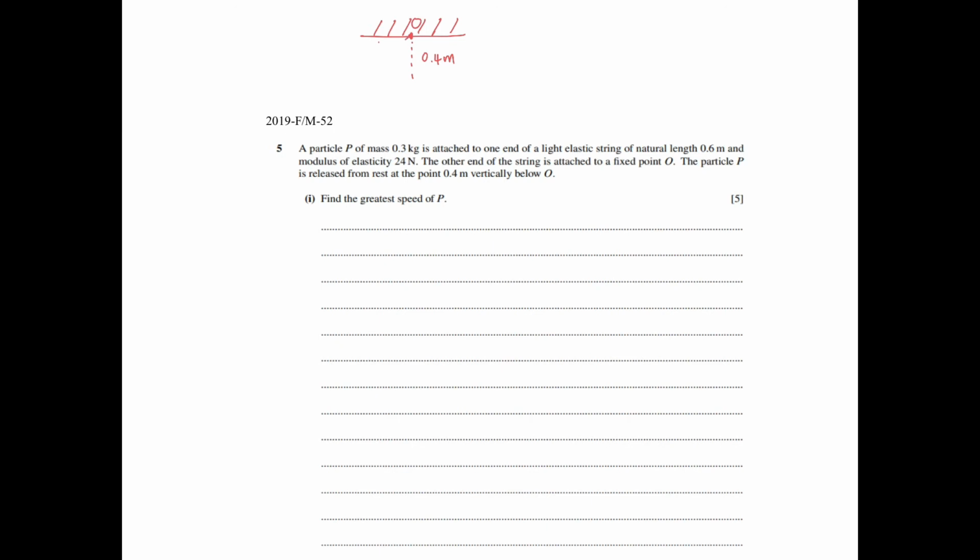So you should expect initially it is not taut. The string is bent. It's not stretched or straight. So it's bent like this, as the string has a natural length of 0.6 meter. Now it's released from rest. That means initially it has no kinetic energy.